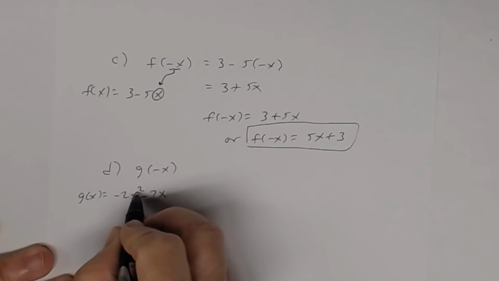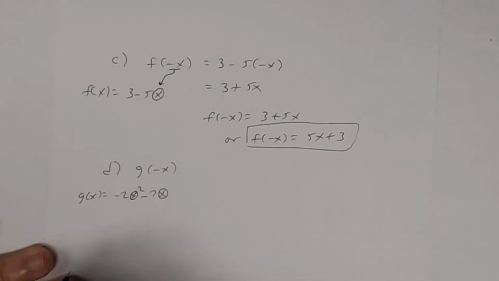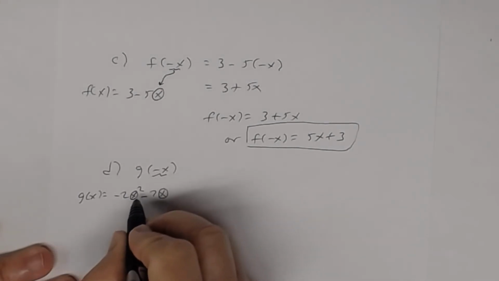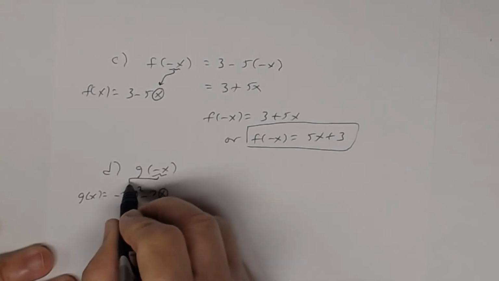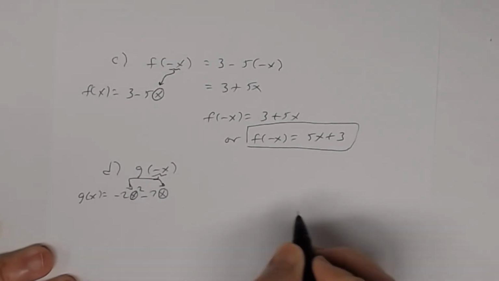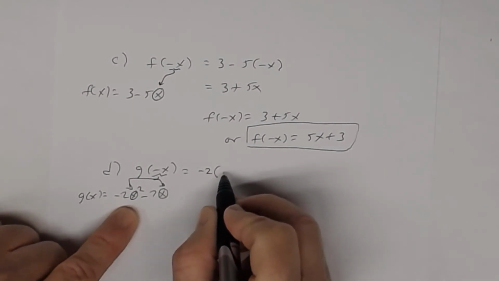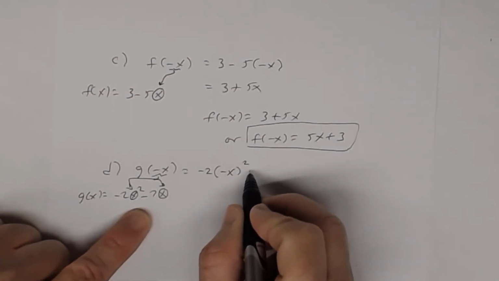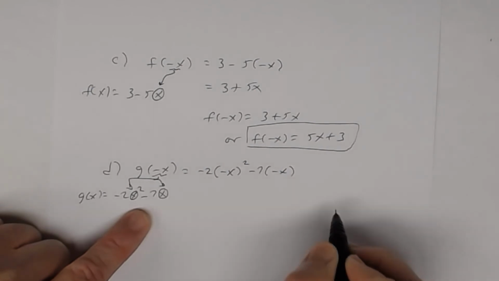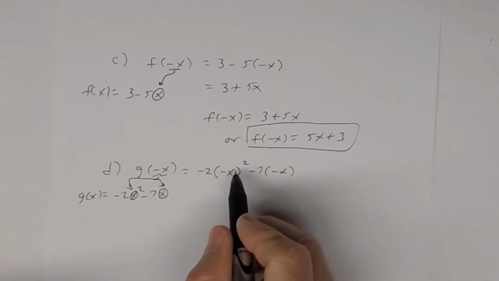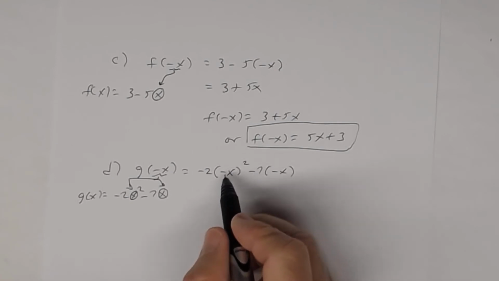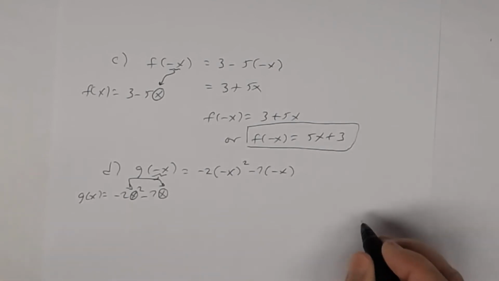And so I'm going to go ahead and circle the variable x in my function. And wherever I see that variable x as being circled, I'm going to substitute in its place negative x. So I get negative 2 times, in parentheses, negative x squared minus 7 times negative x. All right, so remember, we have to simplify this term here, I have to square first before I multiply. So let's remember what negative x squared means.